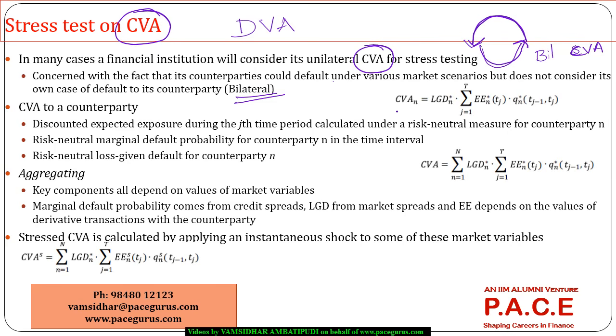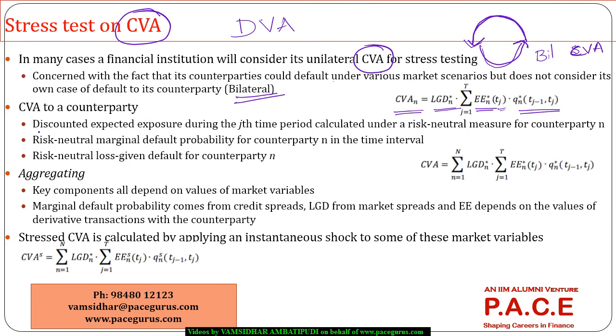If you look at the CVA in normal terms, I am talking about the loss given default of a counterparty N, the expected exposure of counterparty N during this period, multiplied by the marginal probability of default of this counterparty between time period j-1 and j.